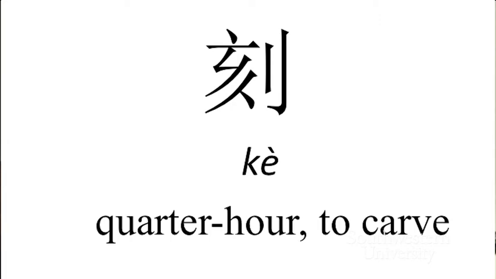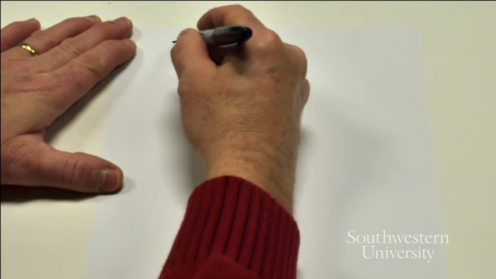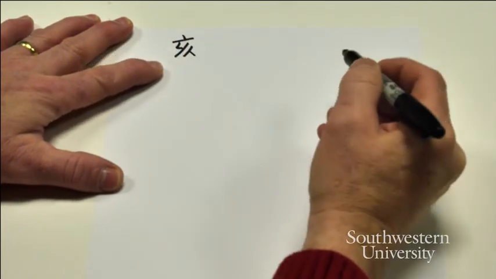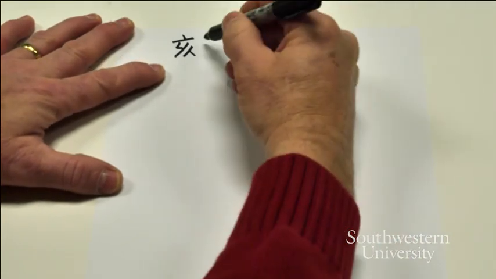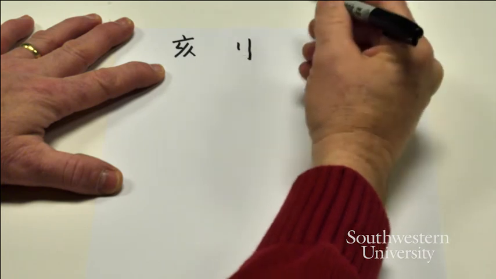The next character means a quarter of an hour, or actually kind of a notch. The left-hand side, phonetic, is just a phonetic. The right-hand side is the radical and the significant.